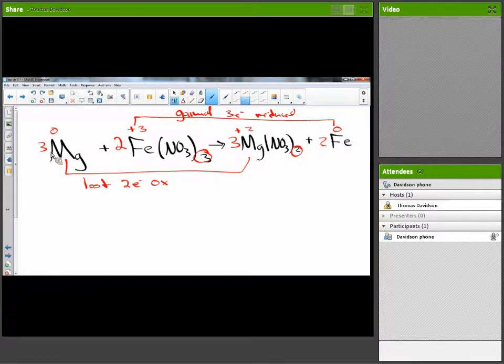I take this coefficient right here, I put it in front of the 2. I take this coefficient here and put it in front of the 3. And now I have a 6 being lost, so +6 and 6 being gained, and that adds to 0.